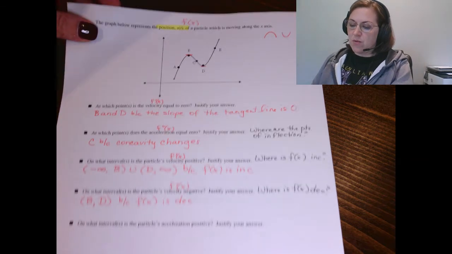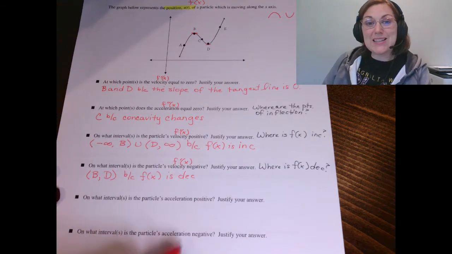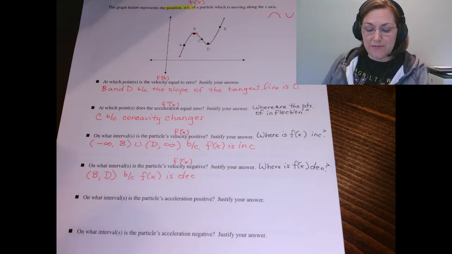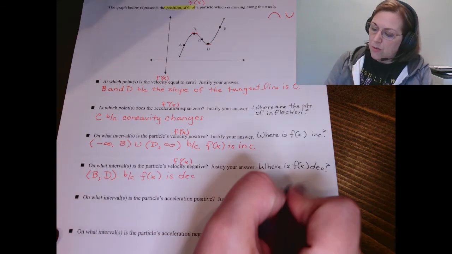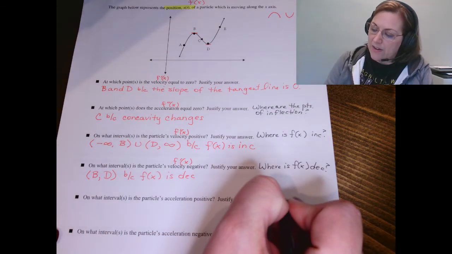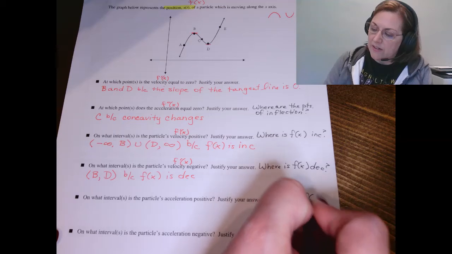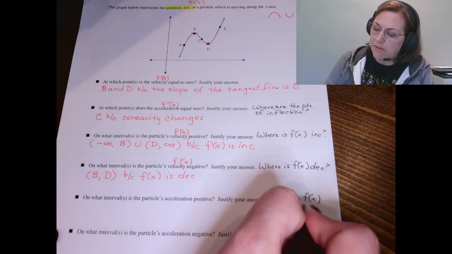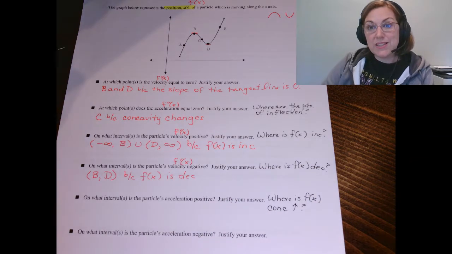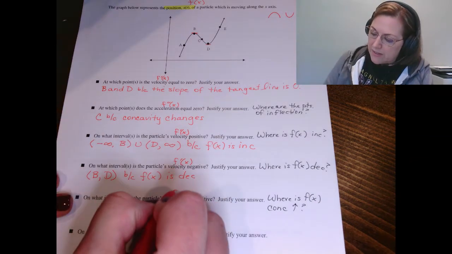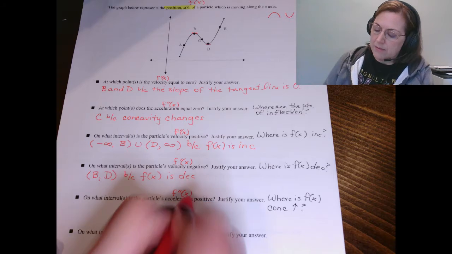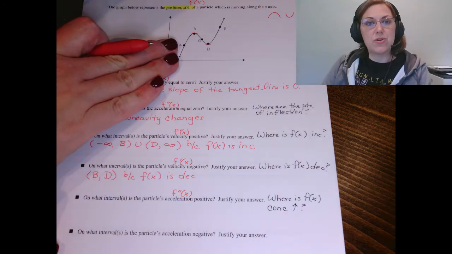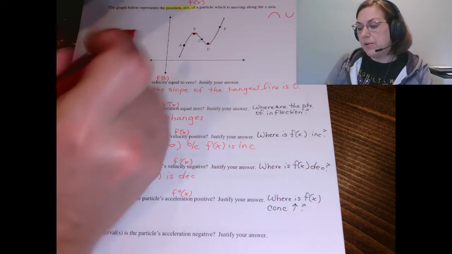Okay, next, on what interval is the particle's acceleration positive? So this is asking you, where is f of x concave up? So it's asking you, where is the second derivative positive? So on here, where are you concave up?